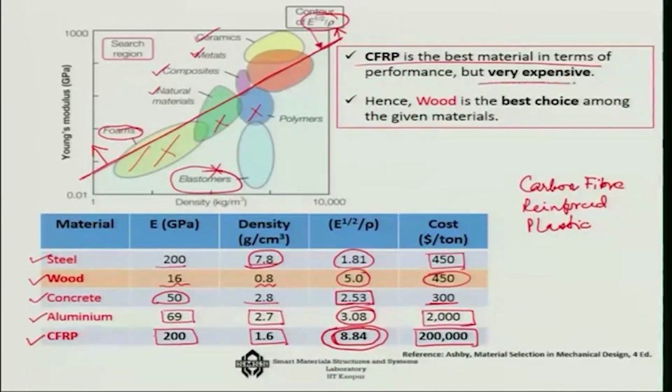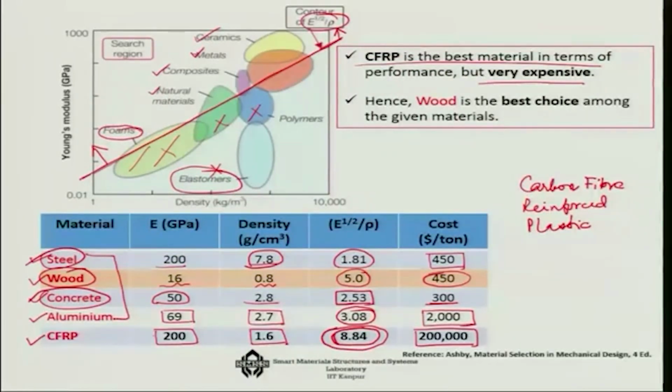So if there is some application where you still want a lightweight material but you cannot afford CFRP, then you should go for the next best. Cost wise, from CFRP you should go to concrete, and if concrete is not okay, you can also try wood, and then your choice will be between steel and aluminium.